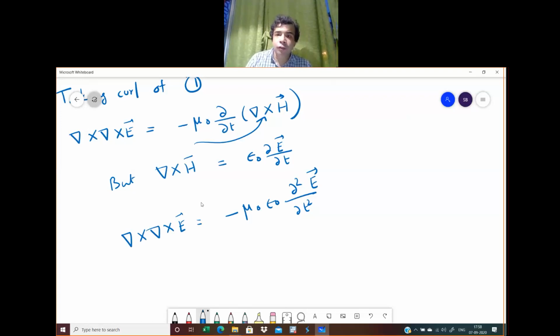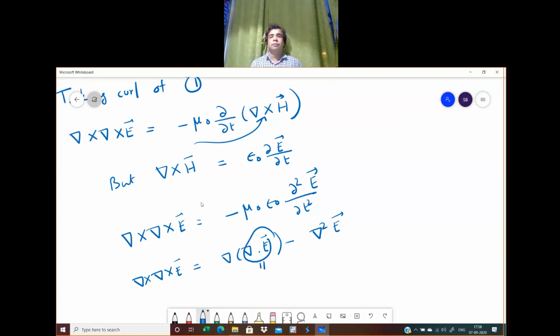Now, what is curl of curl of E? This we had already seen in the first class, right? And what is this? It is 0, and gradient of 0 is also 0.